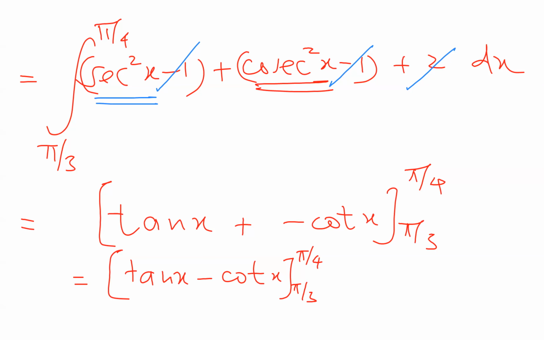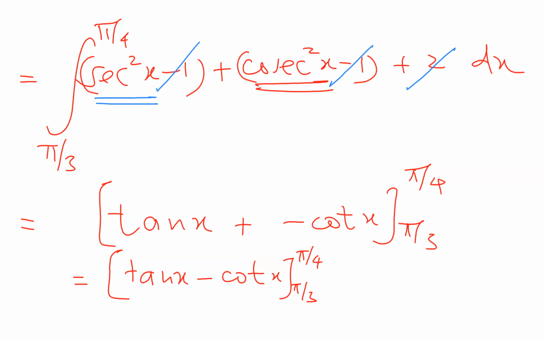After this particular step, I'm going to do box minus box. In the first box, wherever there is x, I am going to put pi by 4.